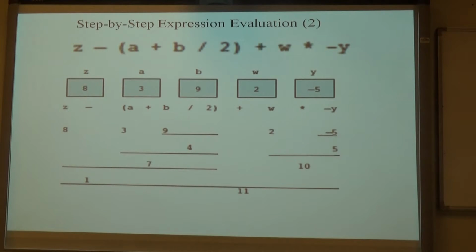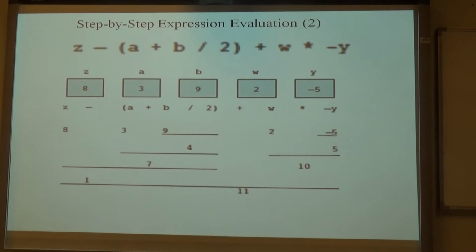After that, we turn our attention to the right side because it has a unary operation. We start from the right. So Y, which has minus 5, will become 5. So we have now 5. And then we are left with Z minus the result of the expression, which is 7, plus W multiplied by 5. Now we have subtraction, and we have addition, and we have multiplication.